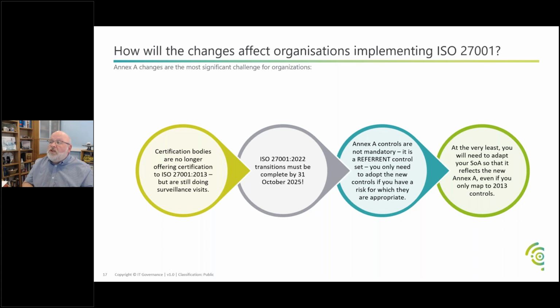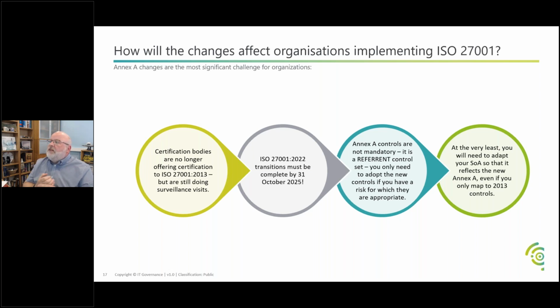Annex A controls are not mandatory. I mentioned that earlier on. It is almost a reference control set. You only need to adopt the new controls if you have a risk for which they are appropriate. So controls only need to be implemented if there's a risk, but you'll always look at whether there's a best practice, contractual, legal or regulatory requirement, or whether a client asks you to do it.